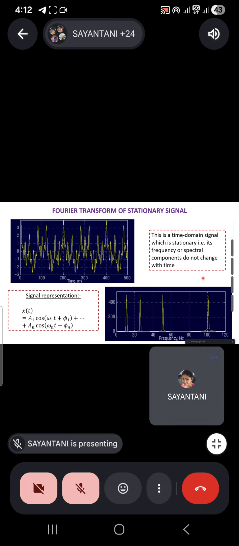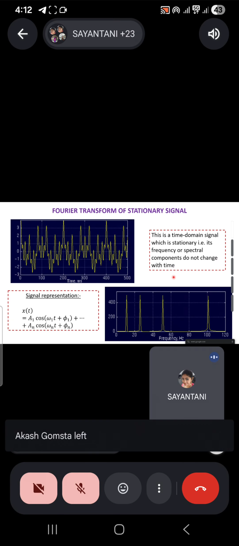Okay. So if it is kind of a static signal, I can easily apply Fourier transform to extract the frequency components. So this particular static signal or the stationary signal is getting converted into its frequency domain counterpart, and the signal representation can be utilized by this equation. So whenever the signal is stationary, if I'm applying Fourier transform, that is not an issue.